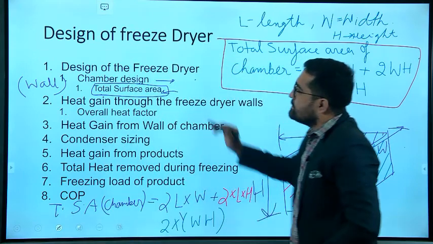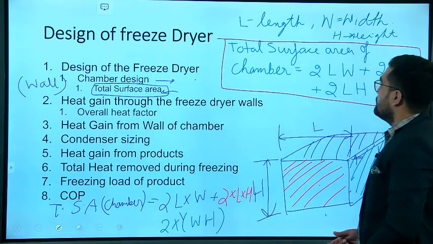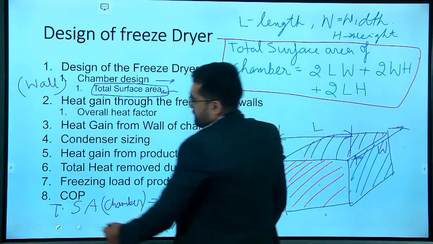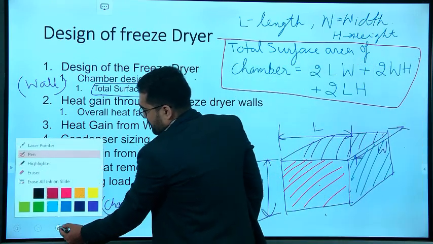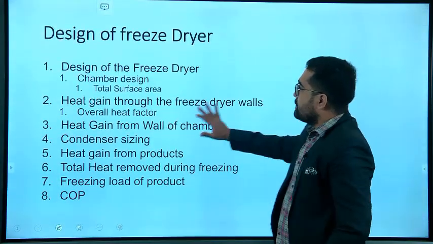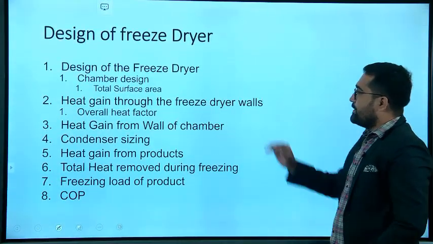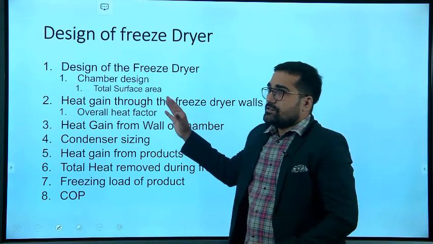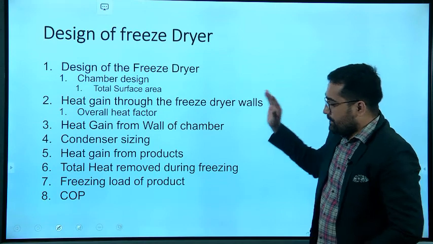We found the surface area of the drying chamber. After surface area, the next step is heat gain through the freeze dryer walls. So, what happens in freezing?